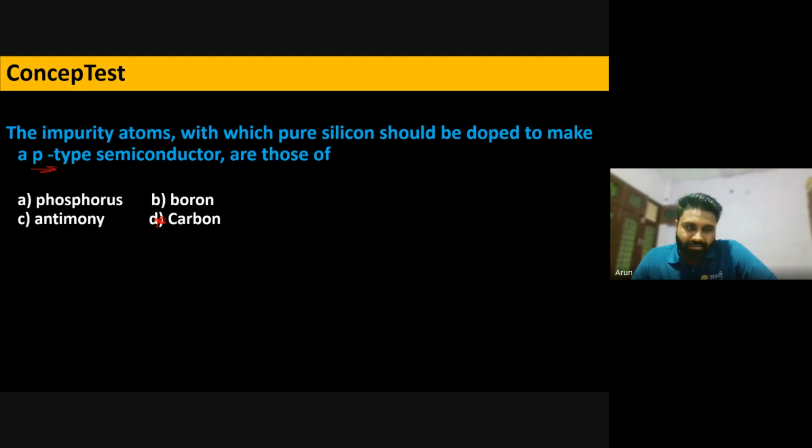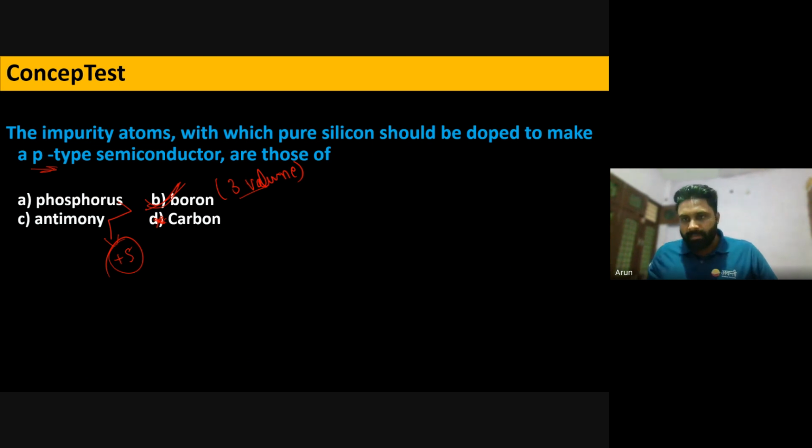Phosphorus and antimony both have 5 electrons. Only boron has 3 valence electrons, so it can create a vacant space and increase the number of holes. So a p-type semiconductor will form because it is an acceptor type of impurity. So option B is the correct option.